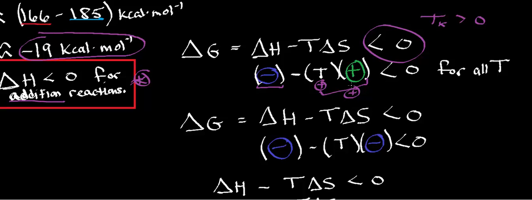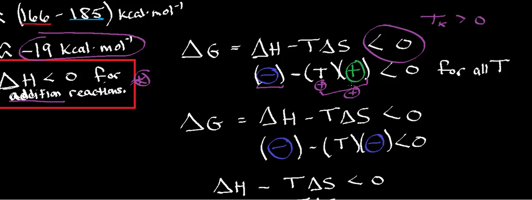So if I was to take a negative number minus a positive number, I don't care what the positive number is. It could be an infinite number of numbers. That delta G is always going to be less than 0, because if I take a negative number minus any positive number, 1, 100, a billion, a trillion, infinite number, it's always going to be negative, less than 0.